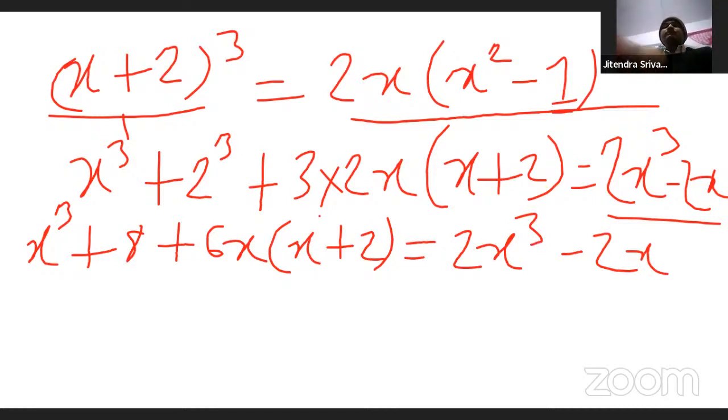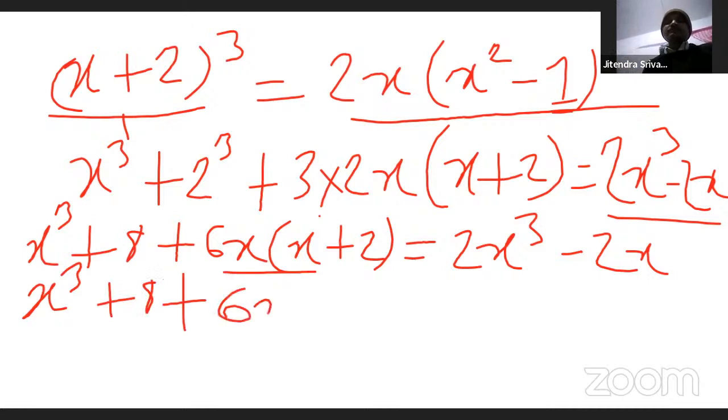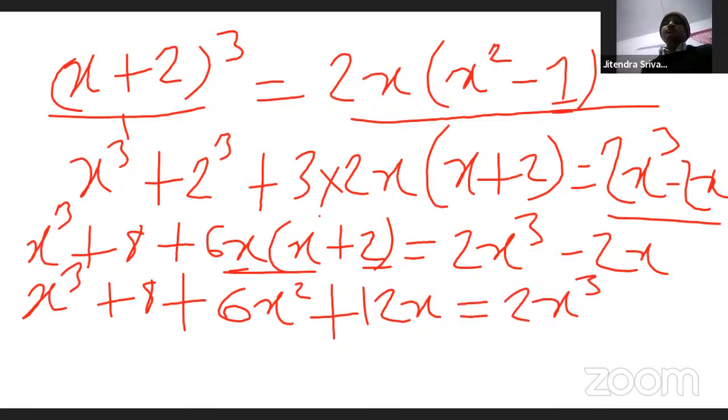Now what we will do, we will expand this more, x cube plus 8 plus 6x square multiplied by this, and 6 into 2 is 12x, plus 12x equals to 2x cube minus 2x.